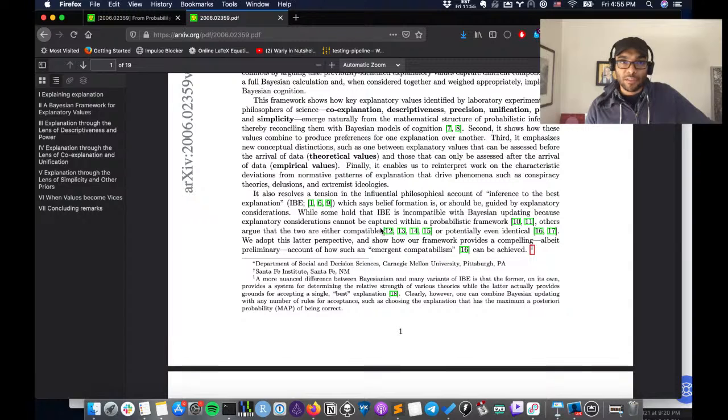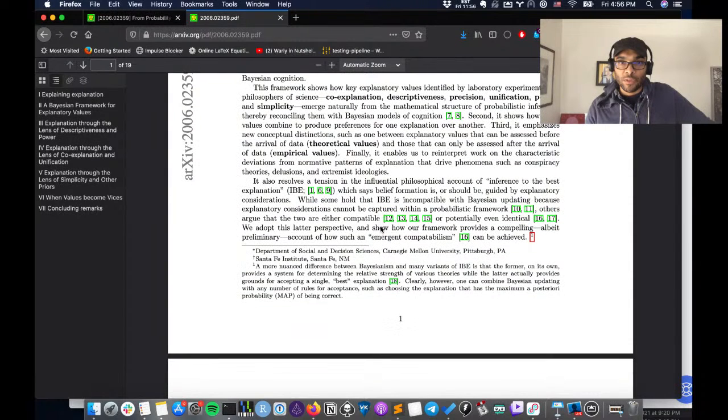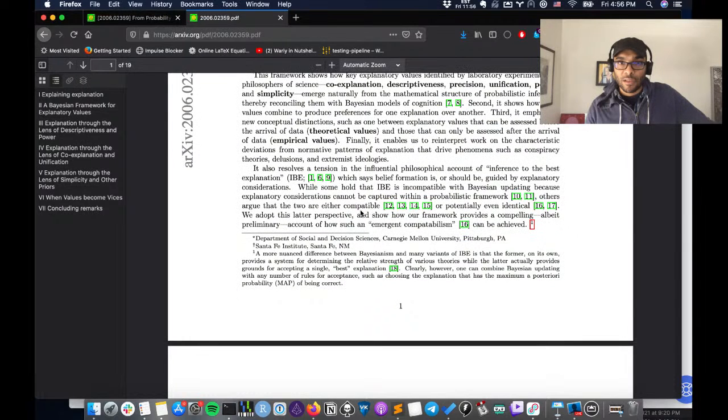It also resolves a tension in the influential philosophical account of inference to the best explanation, which says belief formation is or should be guided by explanatory considerations. While some hold that IBE, what is that? Inference to the best explanation.